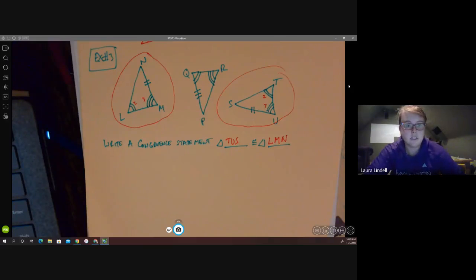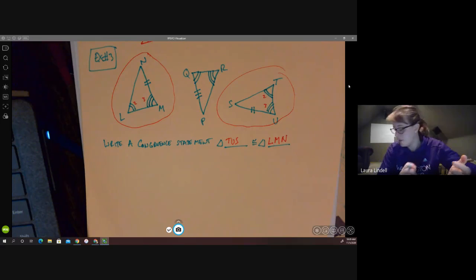And then our last example of the day, and the second example, angle, angle, side, is going to look a lot like example 2 on the last page, with the style of problem where you decide, are they congruent, are they not congruent, and then how do we know?